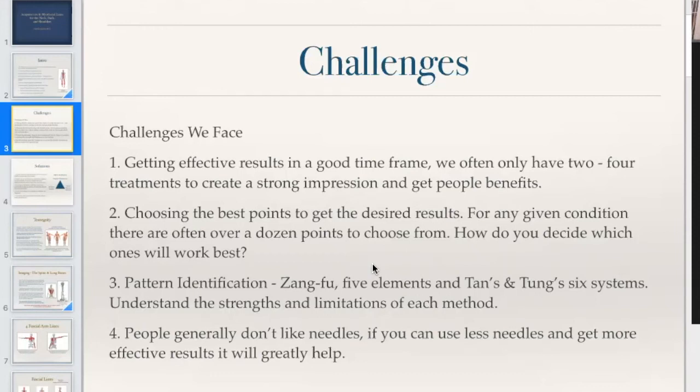We need to get quick results very quickly, very effectively, the best that we can, so that we can increase our patient retention. If you're seeing a lot of clients that are only coming in 1 or 2 times or 3 times and they're dropping off and you're never seeing them again, guess what? You're not getting them a good result. If you want to have high patient retention, meaning that people come back and they see you many, many times, like that guy that I showed you the picture of, I treated him for lymphoma.